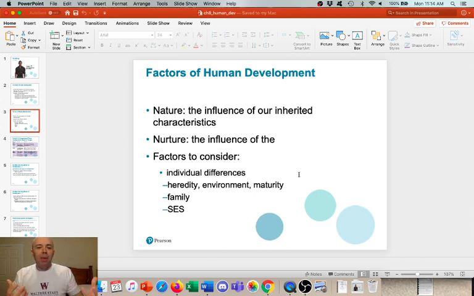For example, take the best athletes in the world. They are genetic freaks, right? They just are. LeBron James, genetic freak. I mean freak in the best way. He was born with a genetic disposition to just be bigger, stronger, faster, more agile.